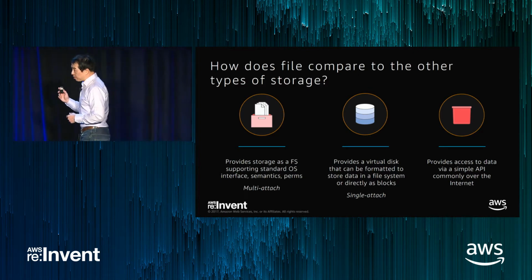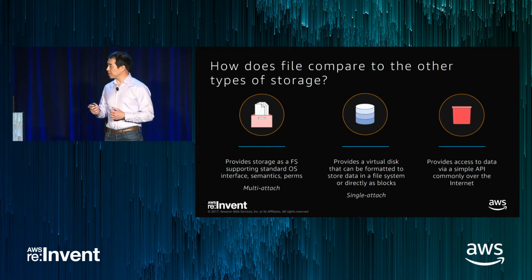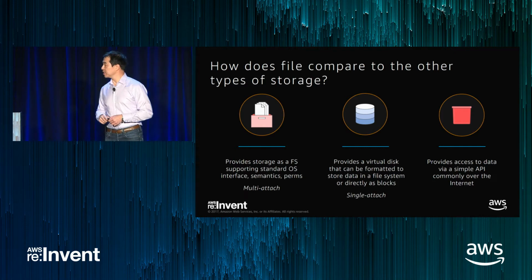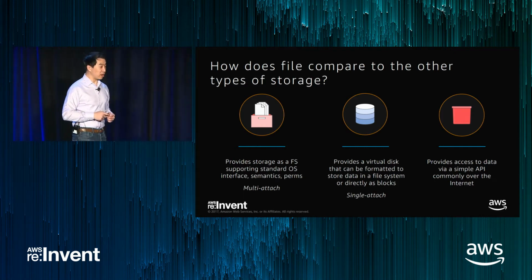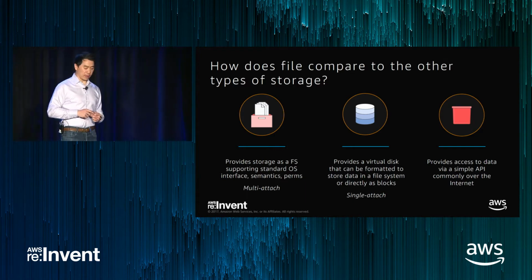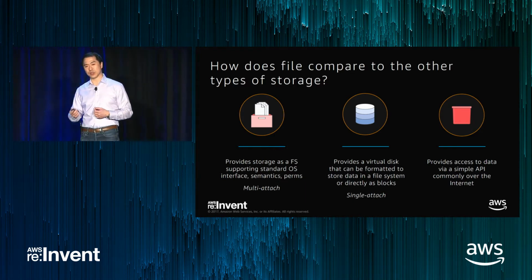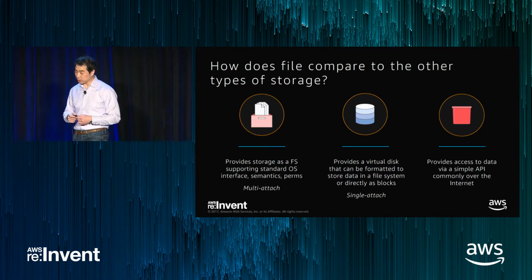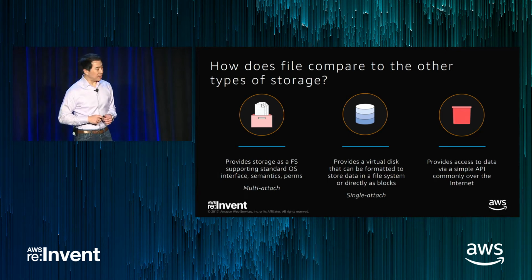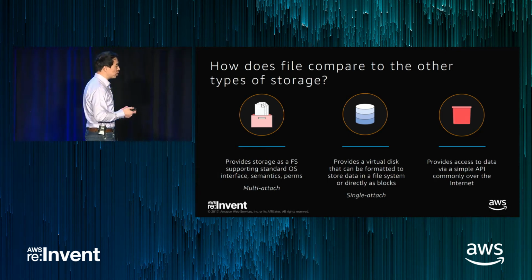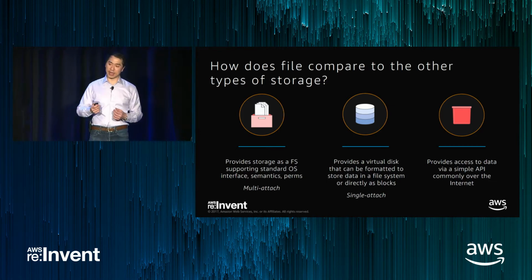So file supports file system semantics for standard operating systems, and it's multi-attached shared storage. Block, a virtual disk, think of it as analogous to SAN or fiber channel storage, and it's typically single attach. And then lastly, object storage provides access to data via a simple API, and it's typically accessed over the internet.